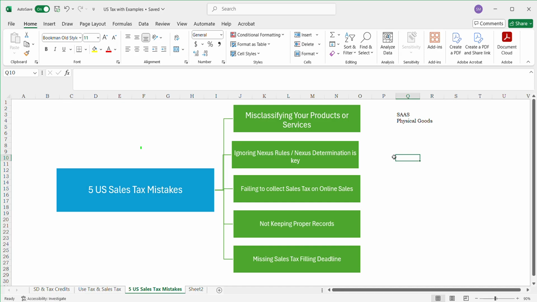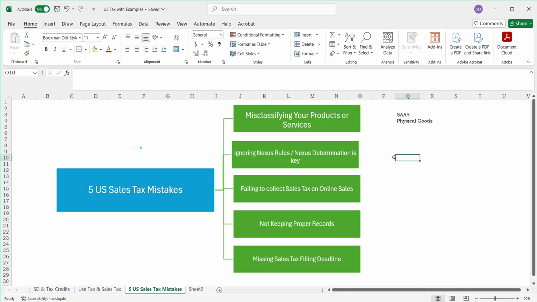Physical nexus means that you have a warehouse and a proper office. And even if you don't have a physical nexus but you have an economic nexus, meaning you are selling or doing online sales in that state, you still have to charge the sales tax.